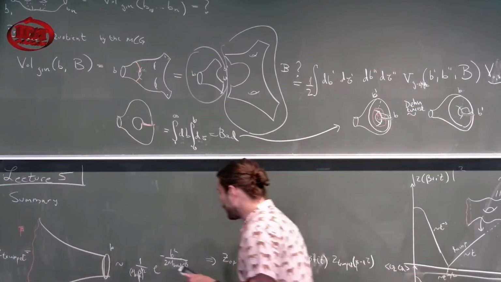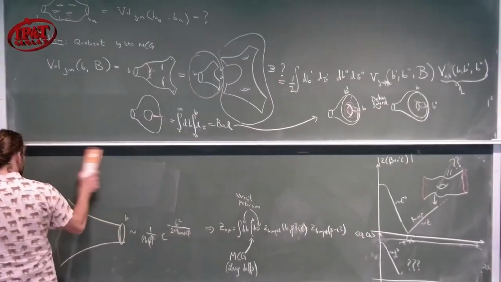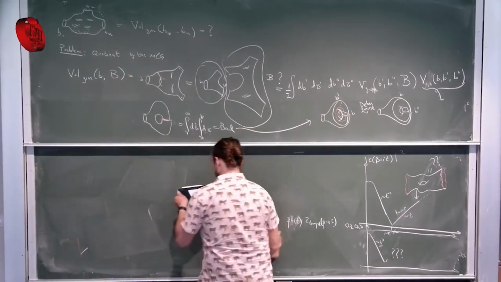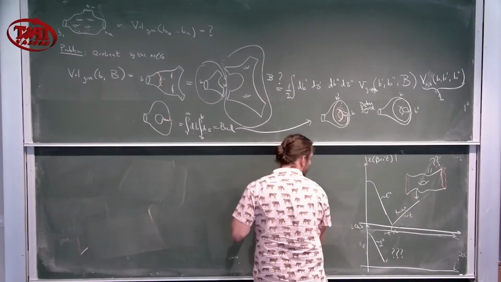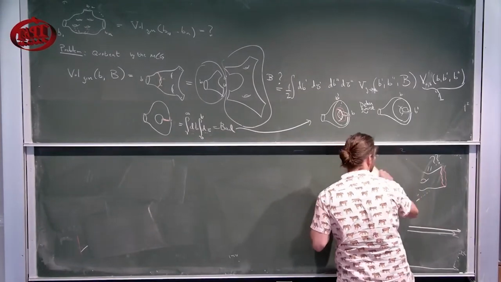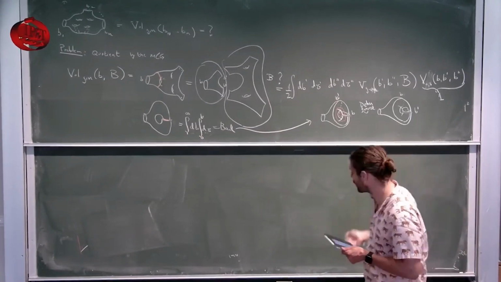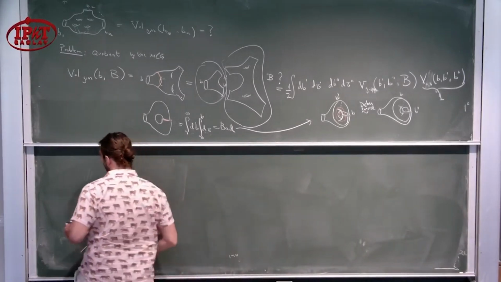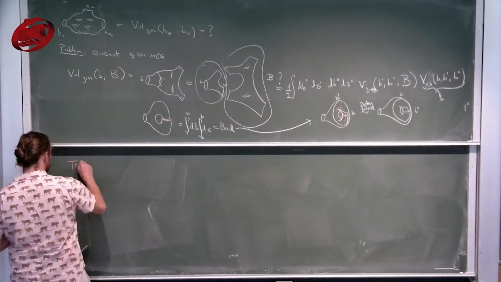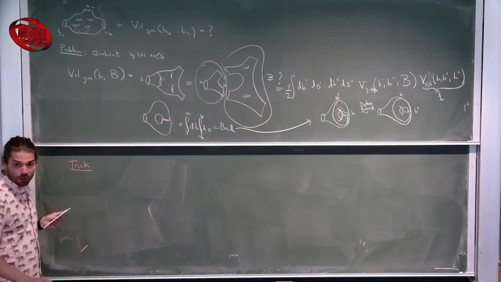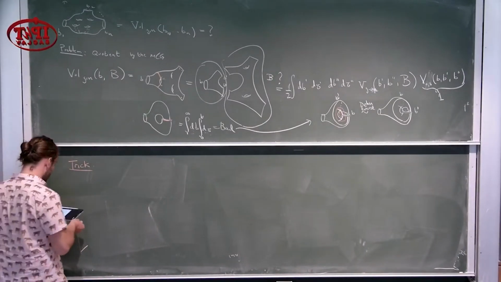So how do we correctly account for this quotient by the mapping class group that makes sure that we're not overcounting geometries? So there's a trick that actually we'll be using multiple times today.